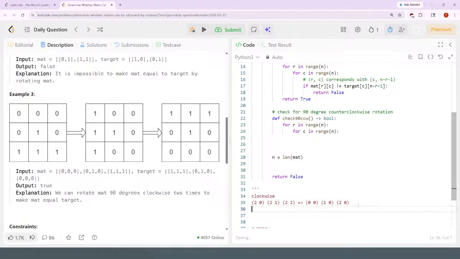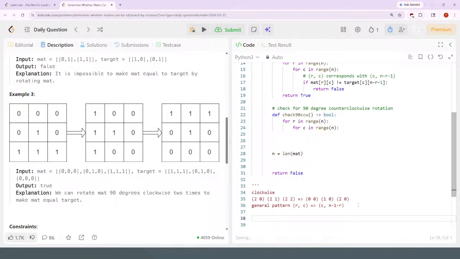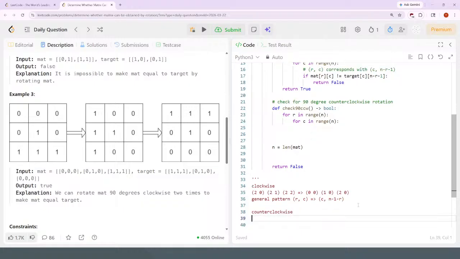So the general pattern is RC corresponds to C, n minus 1 minus r. So counterclockwise, if I do, should this be the reverse, right? So from here to here.